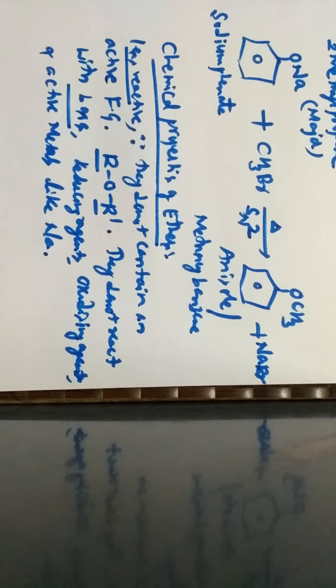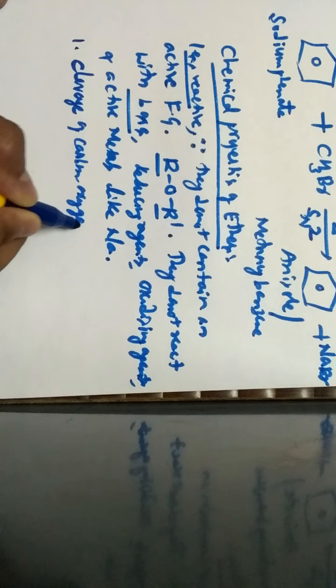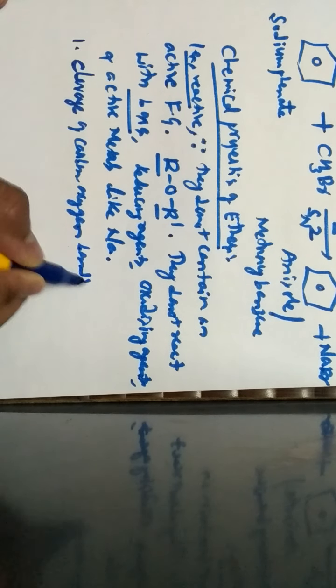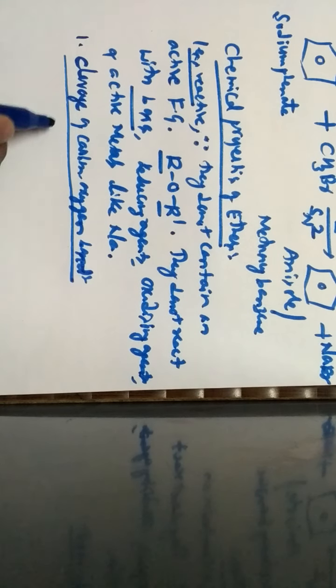After knowing these properties, the first type of reaction to be studied in ether is cleavage of the carbon and oxygen bond. Means when we study the major chemical properties of ethers, we have to study the breakage of the bond between carbon and oxygen in an ether.